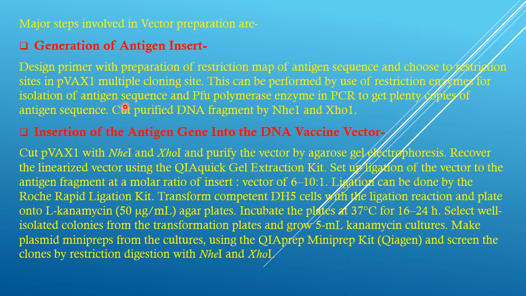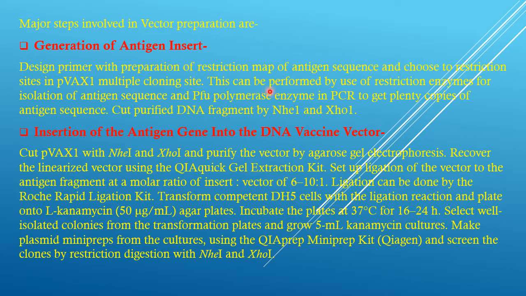Now we shall see the major steps involved in vector preparation. The first crucial step is generation of the antigen insert. So design primers with preparation of a restriction map of the antigen sequence, and choose a transcription site in the pVAX1 multiple cloning sites.